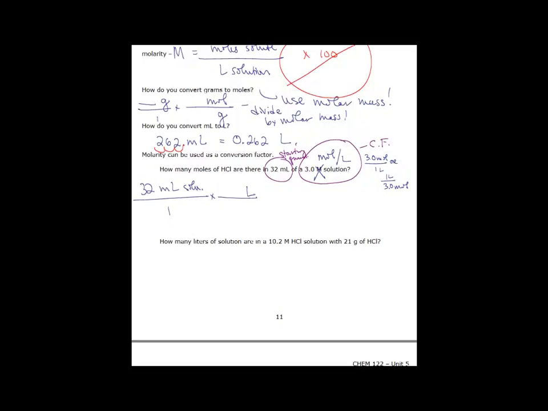So 1 liter has 1,000 milliliters. So cross out milliliters, now I'm in liters. Now I can use this conversion factor: 3 moles over 1 liter. Liters cancel out and I'm in moles. So for sig figs, I can only have 2 sig figs because both of these numbers have 2 sig figs. I end up with 0.096 moles of HCl.